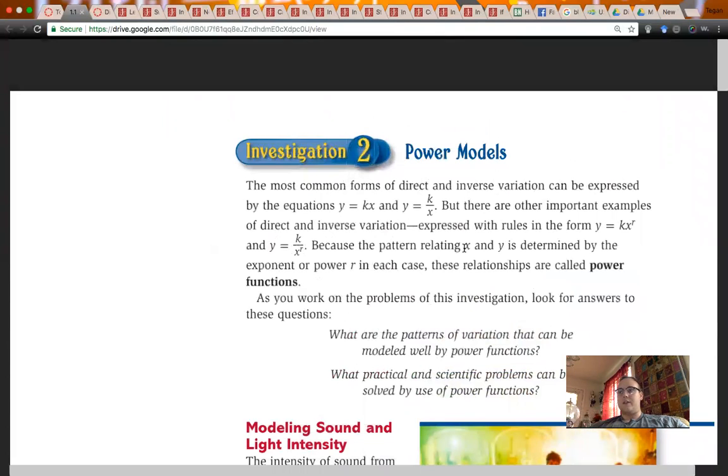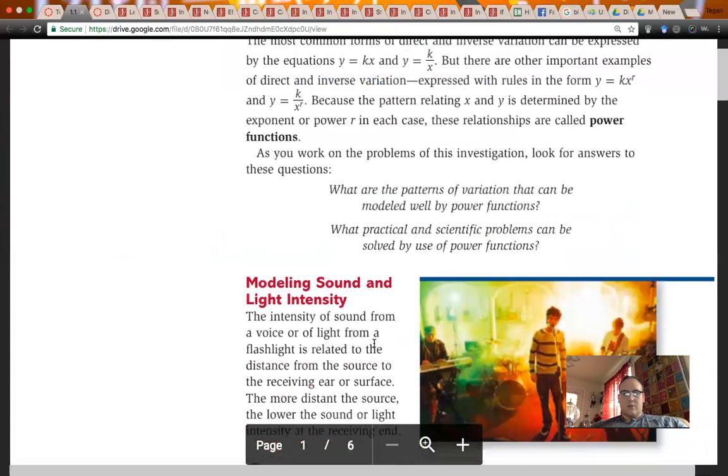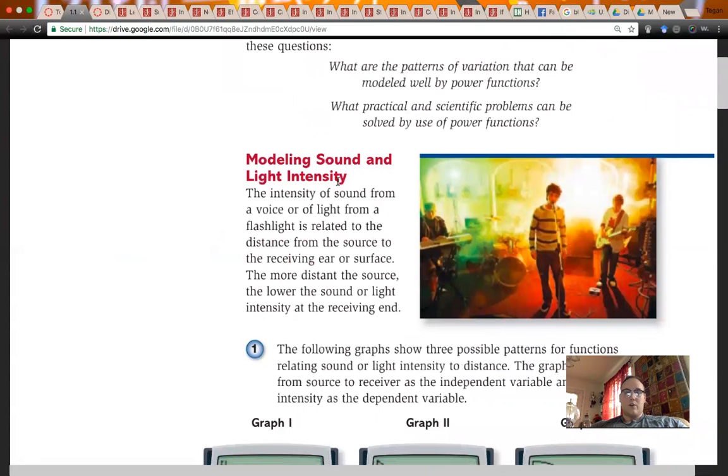With regards to phase one, we're looking at, hey, this is what's important. This is the phenomena that we're looking into. And these are essential questions. Specifically, we look at sound and light intensity. So that's the phenomena being explored.